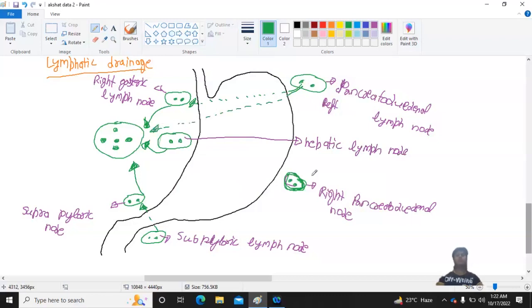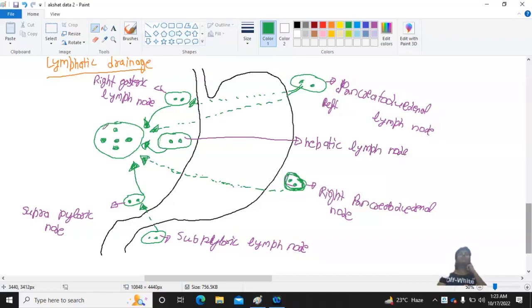Both are correct. Then these also drain into the celiac lymph node, but from the back side. Done. So this is the direction of lymph. Here is the celiac lymph trunk.